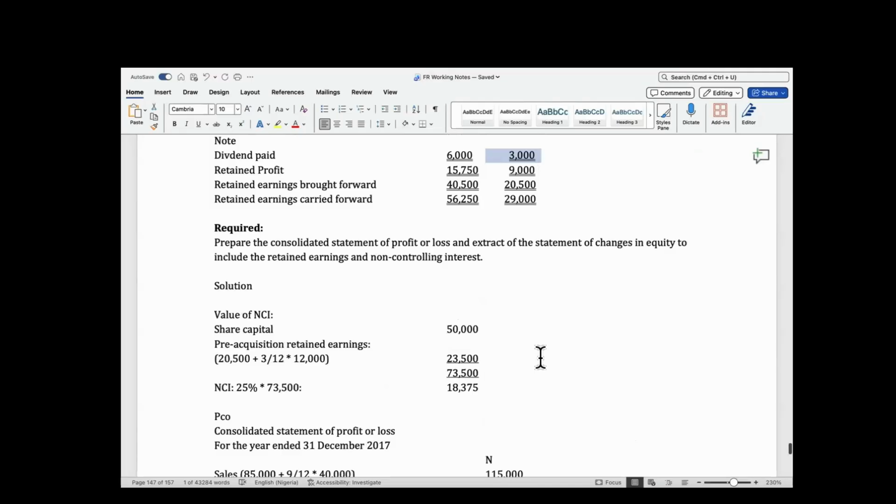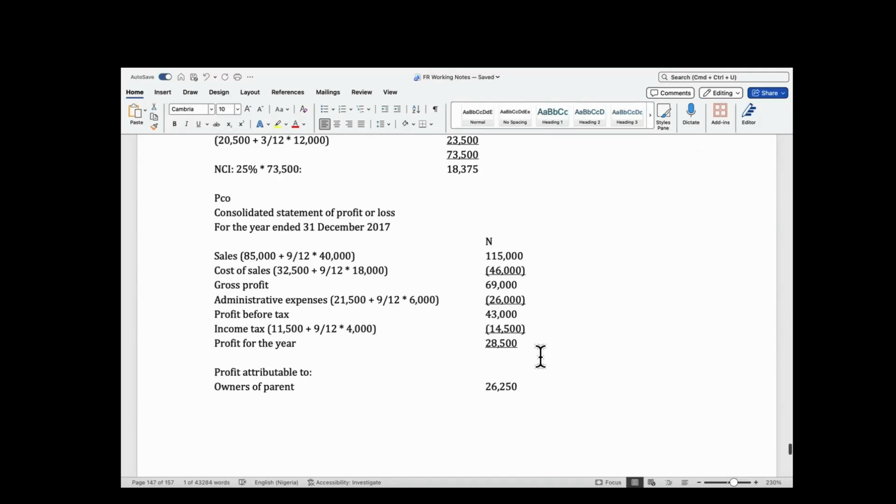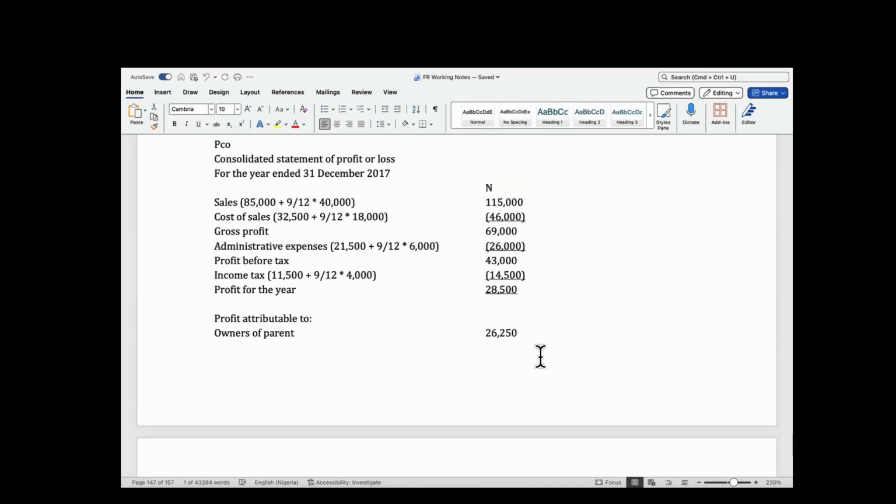So again, for the consolidated statement of profit or loss, my sales, that of the parents, I will do 9/12 of the subsidiary. I get this. For cost of sales, that of the parents, I will do 9/12 of the subsidiary. I get this. Then I get my gross profit.